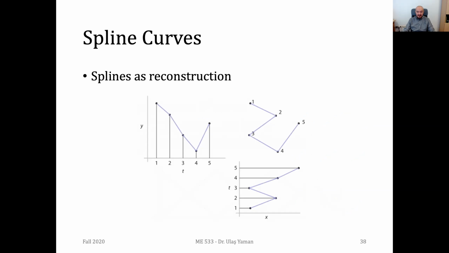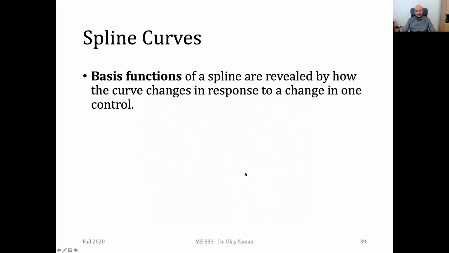And another example, but this time we are dividing the curve into coordinate functions, y and x functions, as you see. And this is our piecewise linear case. And if you divide it into y and x coordinates, that will be the result. And depending on the t value, as you see, t is 0 at this point, at the first control point, then that will be equal to 1 at the second control point. It's not that complicated.